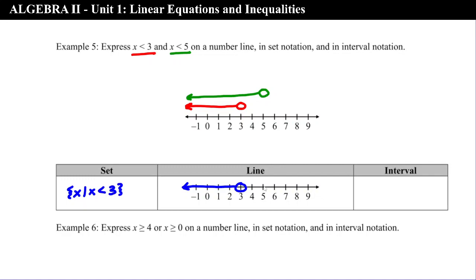But really, if you just look at the number line for our final solution, you'll see the open dot at 3, which means it's just going to be a greater than or less than, and the shading to the left tells us it's less than. Then in interval notation, we are going to start with our lower bound, negative infinity, and we're going to our upper bound, which is 3.